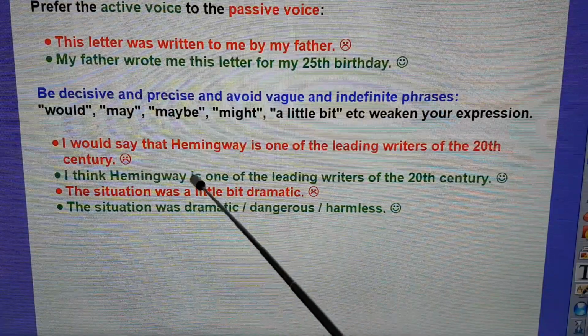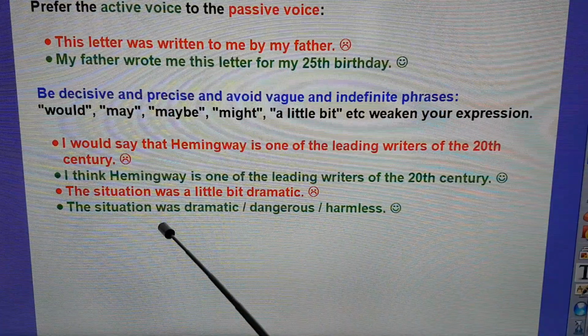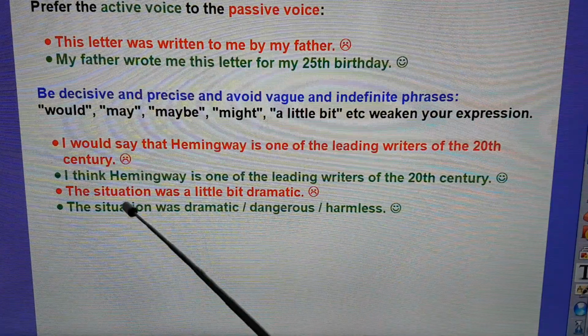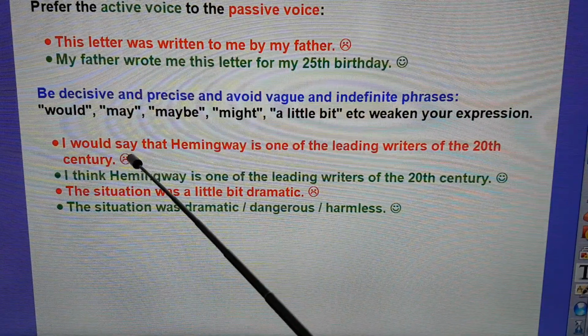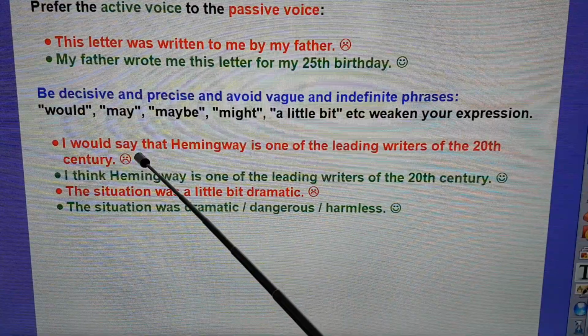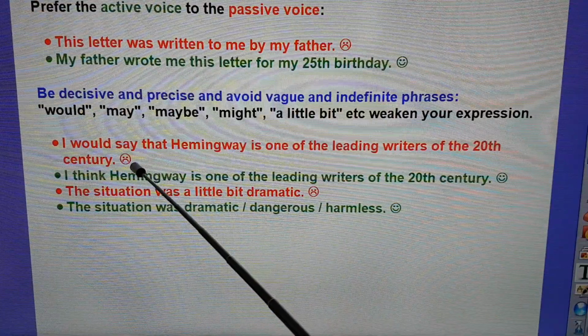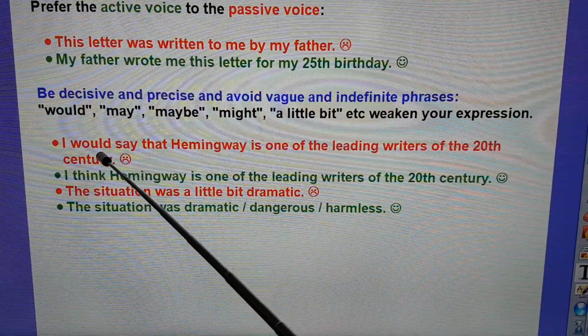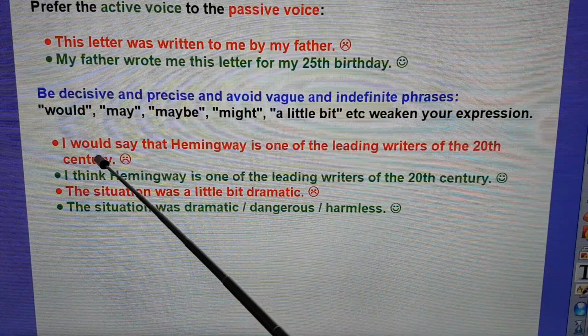I would say that Hemingway is one of the leading writers of the 20th century. You would say? Under what conditions would you say that? Would is used in if clauses.